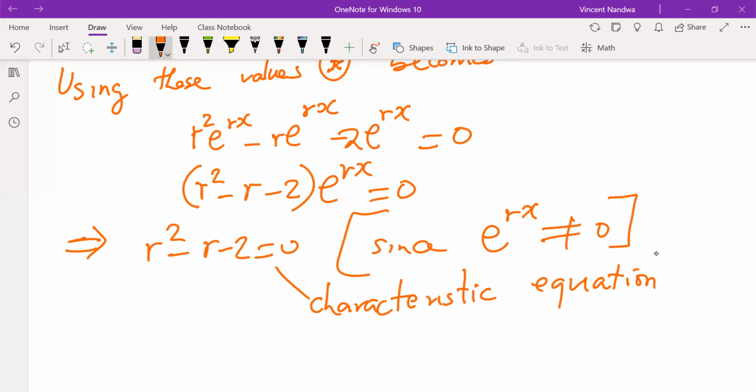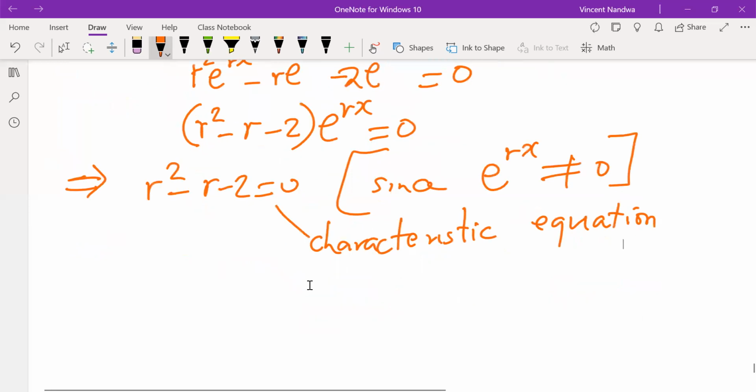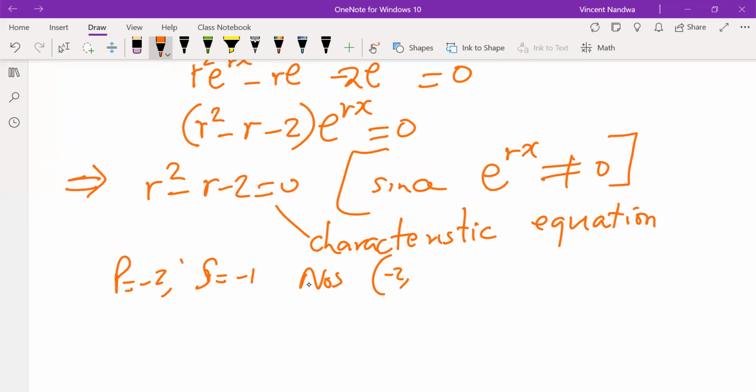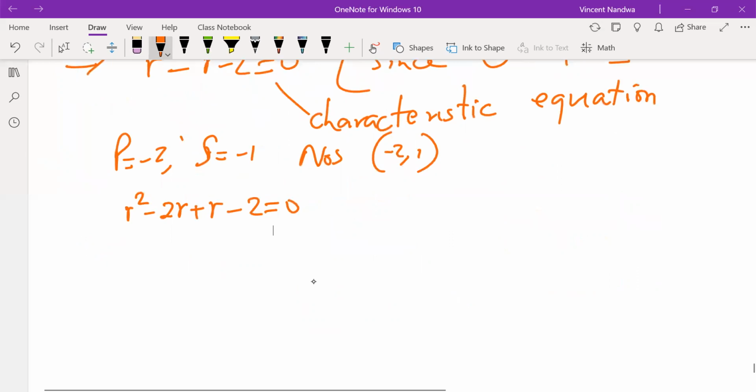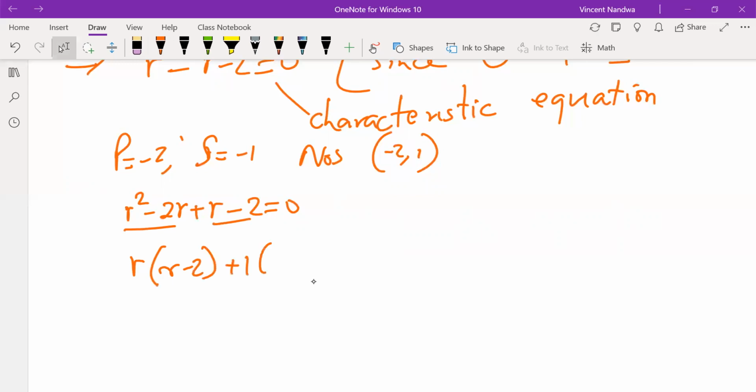So from the characteristic equation, you get characteristic roots, and this is just a quadratic in r. So product is minus 2, sum is minus 1. Two numbers whose product is minus 2, sum minus 1 are minus 2 and 1. So we'll have r squared minus 2r plus r minus 2 equals 0, which will be r into r minus 2, common here is 1, r minus 2 equals 0.